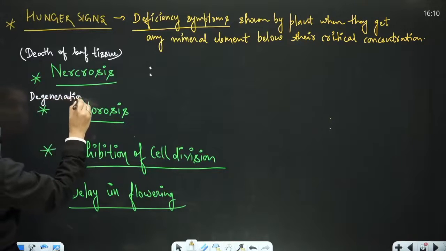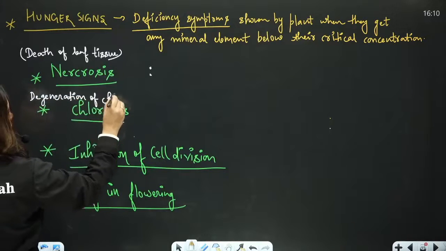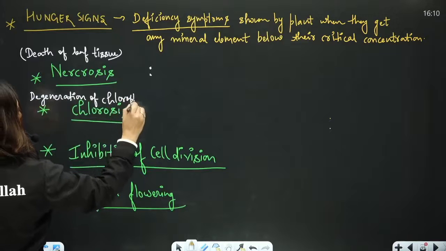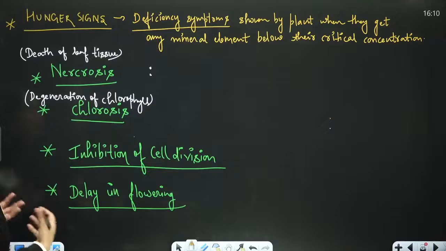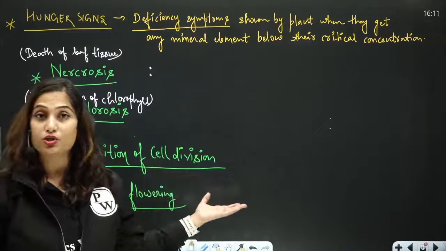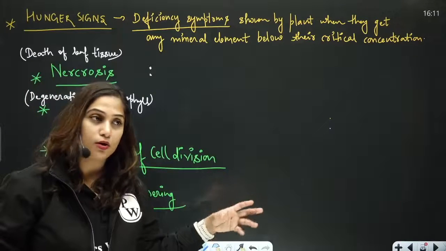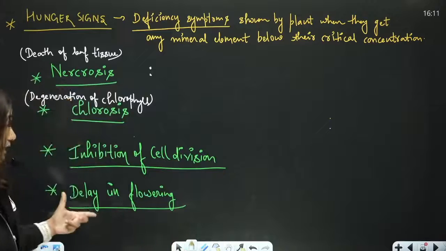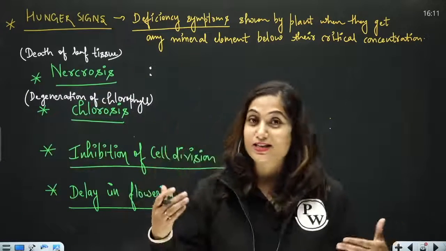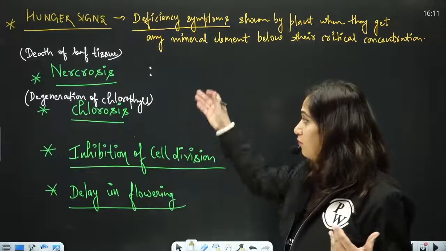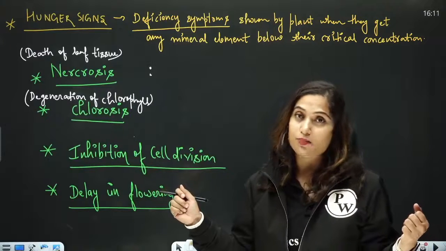Chlorosis is the degeneration of chlorophyll, and because of that there is yellowing of the leaf. Inhibition of cell division, that means cells cannot divide properly, and delay in flowering, that the process of flowering gets delayed. So these are some important hunger signs shown by the plant.